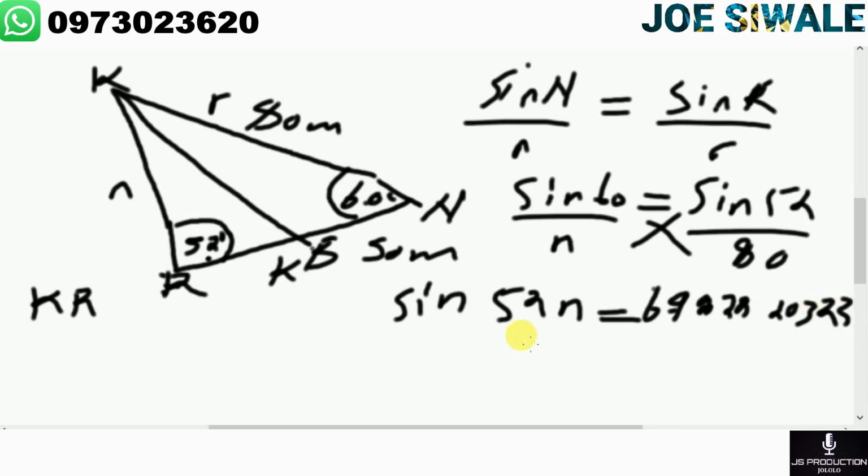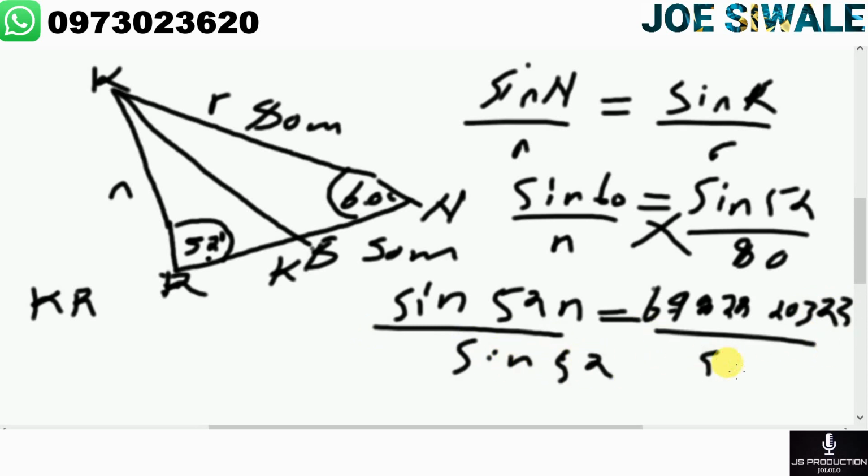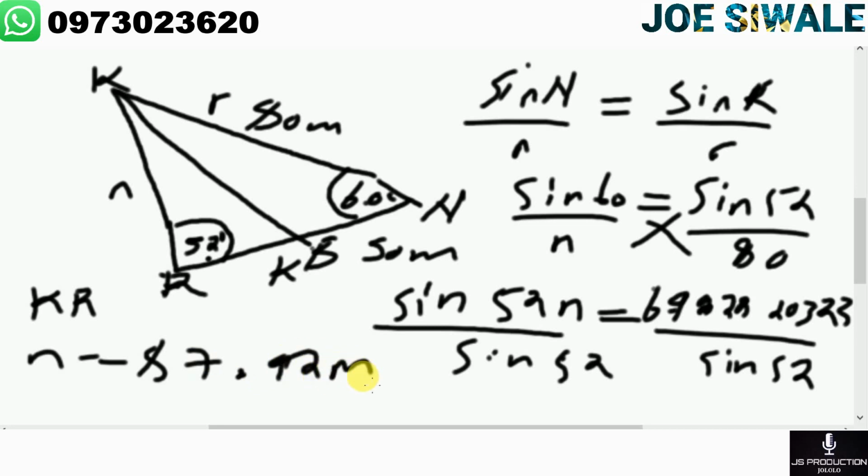So to find the value of N, I divide by sine 52 on both sides. So N is equal to 69.2820323 divided by sine 52, and I'm having 87.92 meters if I round off to 2 decimal places. I hope this question is now clear, but where you still have questions, ask.